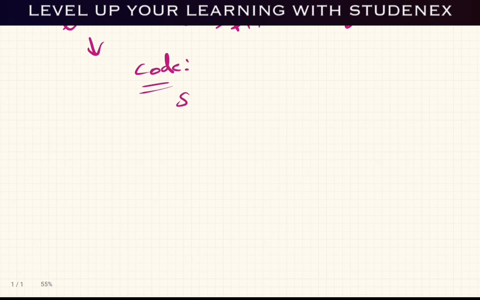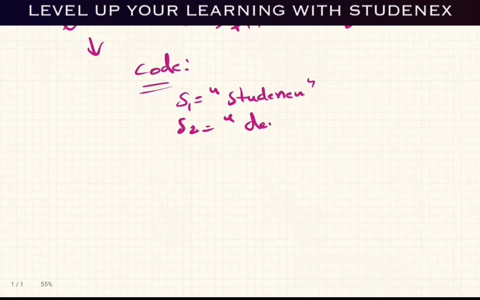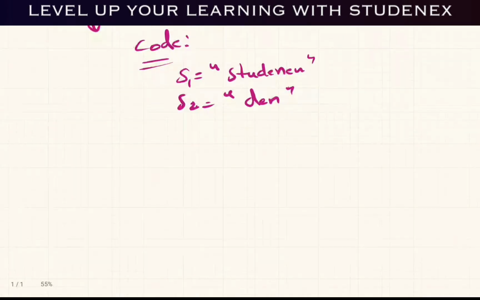We take S1 as our input string and S2 as our substring, which is "den", which we take as an example. I'm writing the count here for counting purposes, which is quite tricky. If you get the count question, you'll do the searching question very easily.